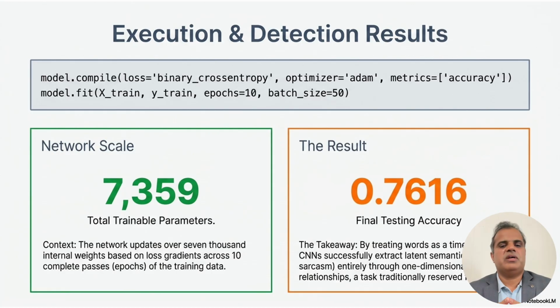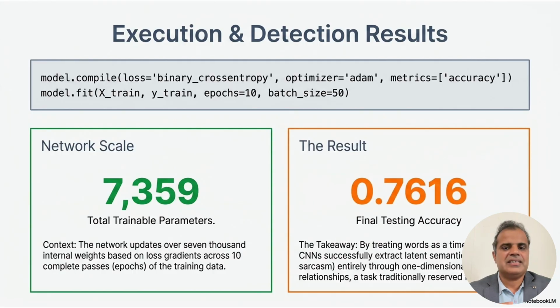To wrap up our build, we compile and train the model. Because this is a binary classification task, we use binary cross entropy as our loss metric and pair it with the Adam optimizer to smoothly adjust our weights across 10 full passes, or epochs, of the training data.